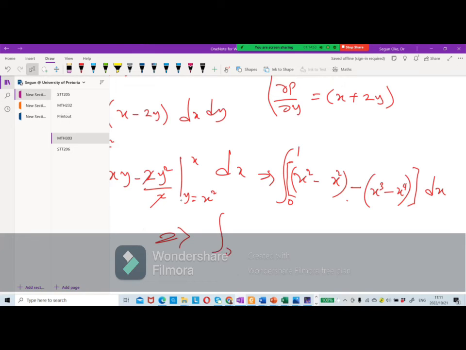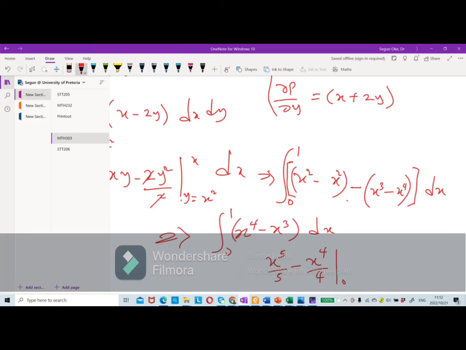We have 0 to 1. This one will turn to 0 automatically. You don't need to integrate it. So you have negative what? Now, I can write it this way: x to the power 4 minus x cubed. Do you agree? Yes, sir. Now let's integrate this one: x raised to power 5 over 5 minus x raised to power 4 over 4, from 0 to 1.